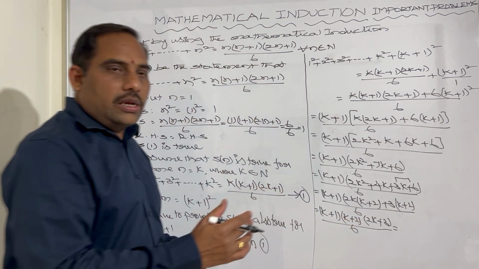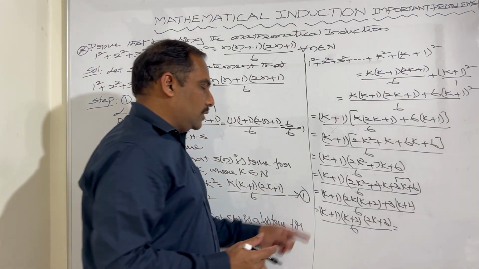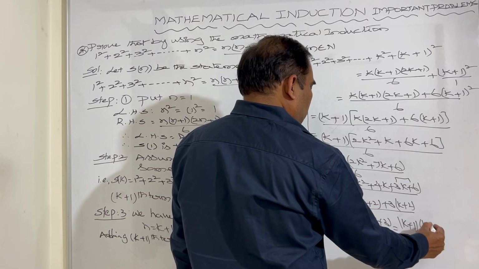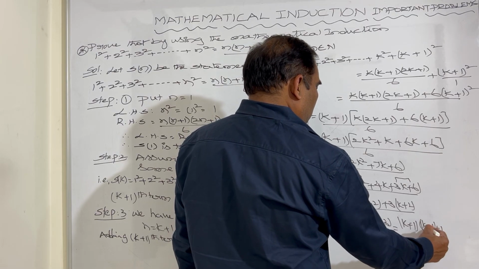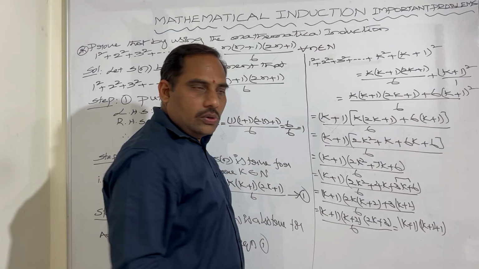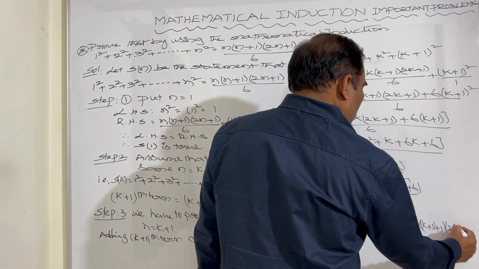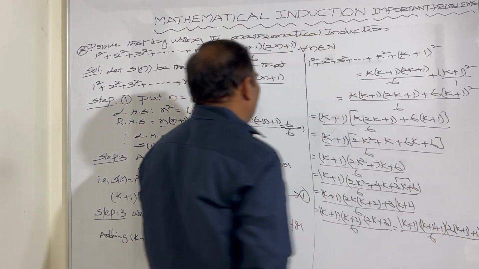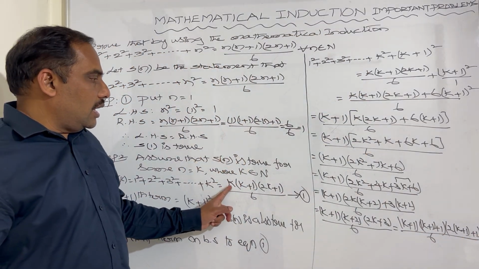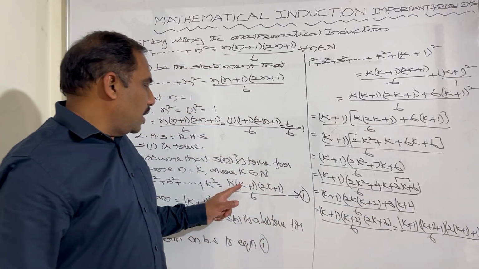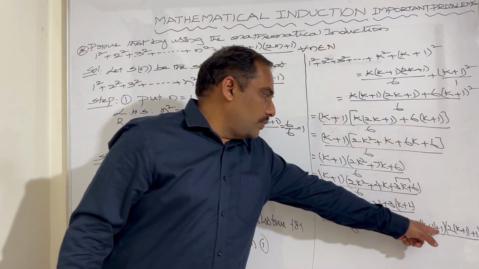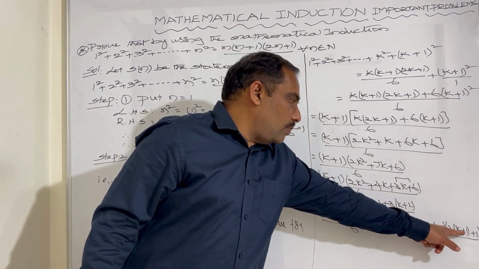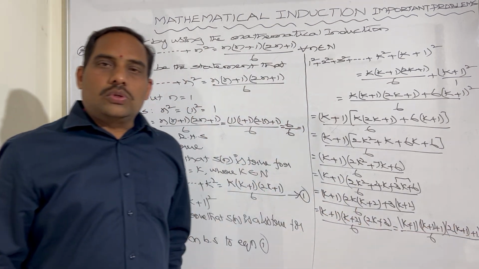Further, to write every term in terms of k plus 1, we write this k plus 2 as k plus 1 plus 1, and this 2k plus 3 as 2 into k plus 1 plus 1, whole divided by 6. Observe here, whenever k is there, we get k plus 1, and also 2 into k plus 1. Here 2k plus 2 plus 1 is nothing but 2k plus 3.